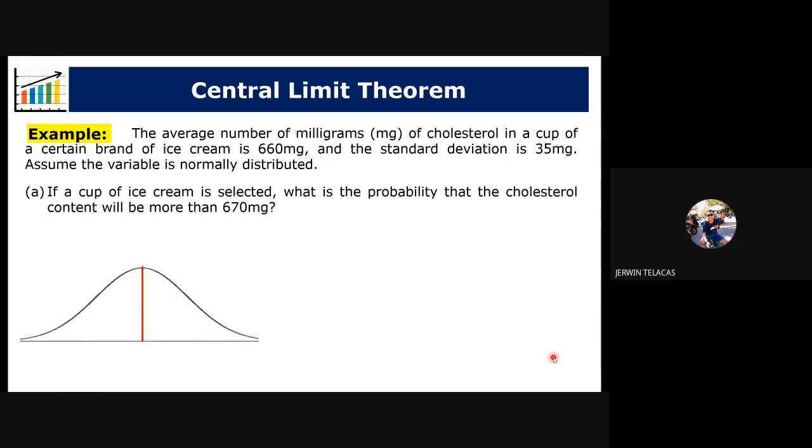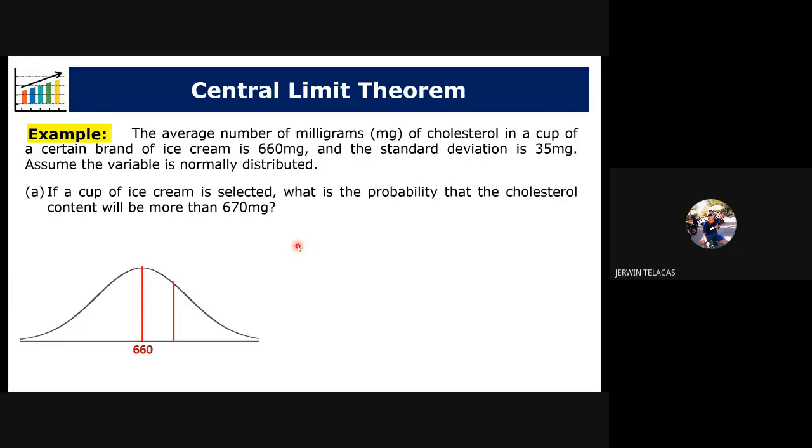Now let's try to illustrate the problem. The population mean given is 660 milligrams, so that should be in the middle. Okay. Now the question in number 1 or letter A is, what is the probability that the cholesterol content will be more than 670? So where can we find 670? Is it located at the left or right of the graph? What do you think?